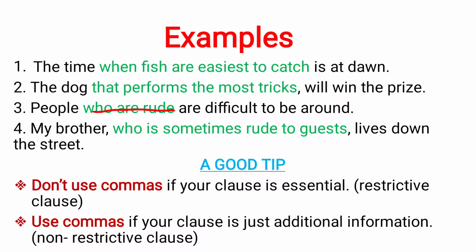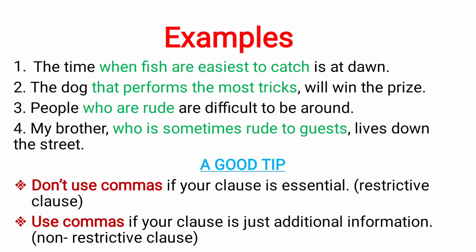"People are difficult to be around." Again, the meaning of the sentence will change because it limits our noun, people. The sentence is not about all people but about a limited group of people, the ones who are rude. And if this adjective clause were removed, the meaning of this sentence would be very different. And that is why it is a restrictive clause.